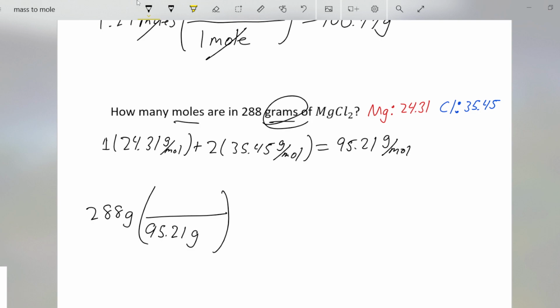If you're going from mole island to mass island, then the 95.21 would go up top. Anyways, we have our 95.21 on the bottom because we are going from mass island to mole island. On the top is the stuff we need for mole island, and that's 1 mole. So this is basically taking 288 and dividing it by 95.21. The answer I get is 3.02 moles of this MgCl2.